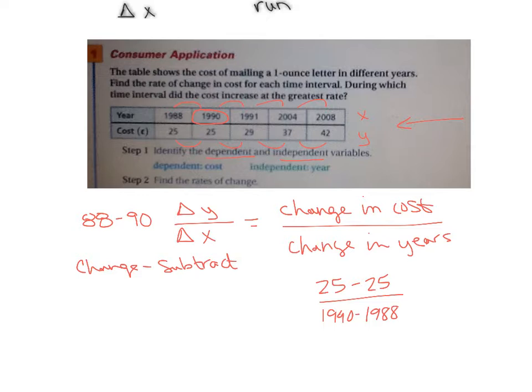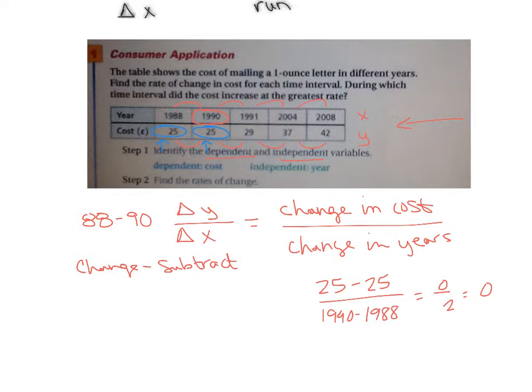Even though 25 and 25 are the same numbers, we're actually subtracting this 25 first. That's our first number, and this 25 is getting subtracted from it. You can't really see that though because they're the same number. And that equals 0 over 2, which is 0. So it's 0 cents per year. There was no change. Okay?